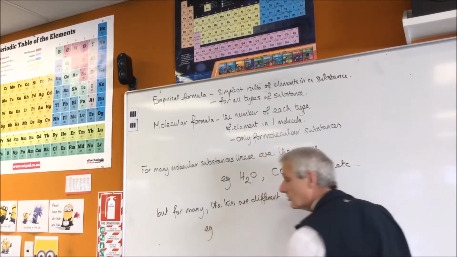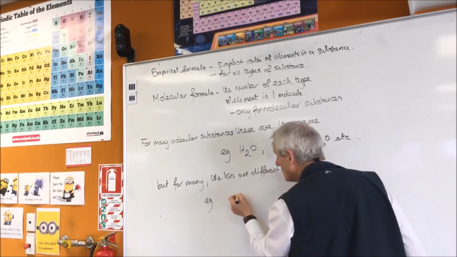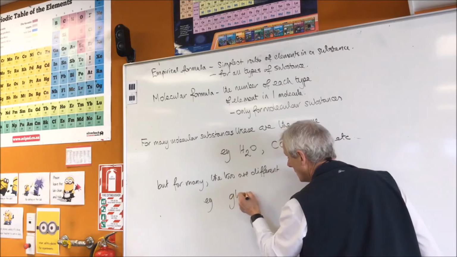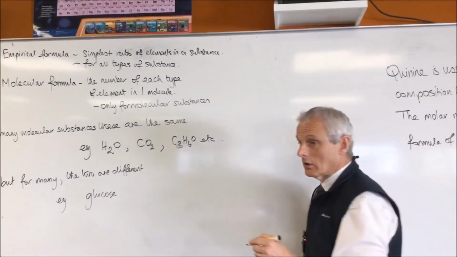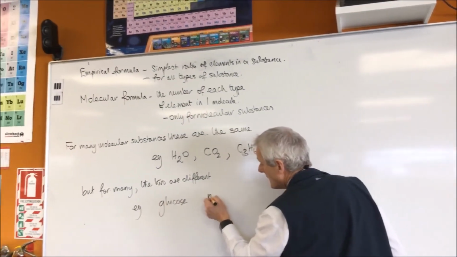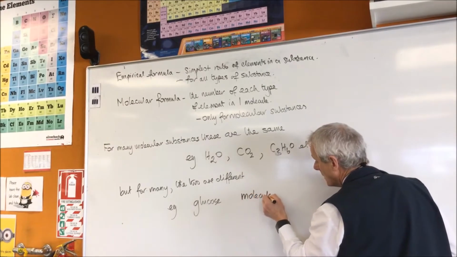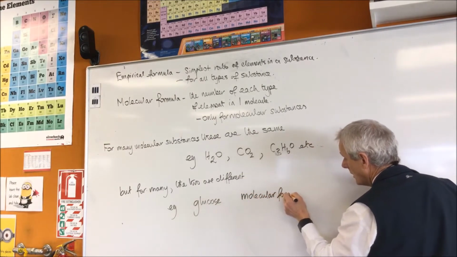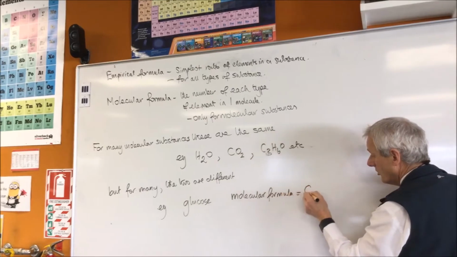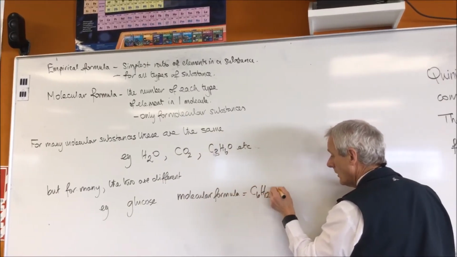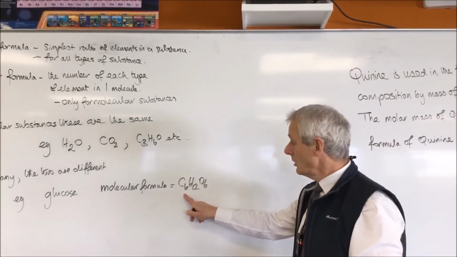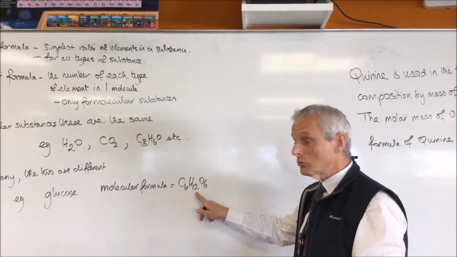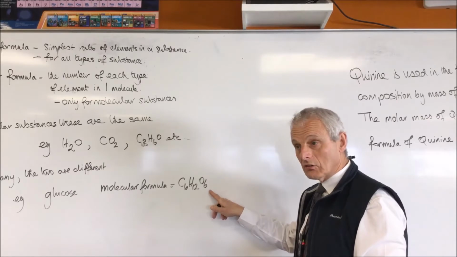So if we look at a simple example, if we look at glucose, okay, what's the formula for glucose? So the molecular formula is C6H12O6, because that's telling you there are 6 carbon atoms, 12 hydrogen atoms, and 6 oxygen atoms in one molecule of glucose.